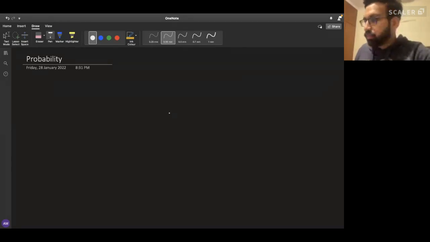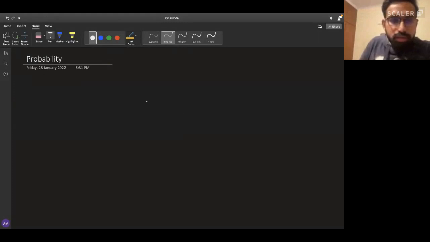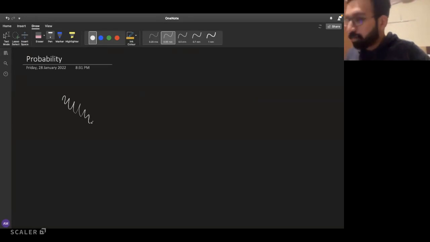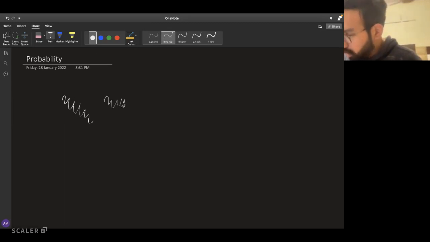Okay. Let me just try writing and let me know if this is a problem. Is this a problem? Yeah. When you get the notes, it will be fine. It will be a PDF.